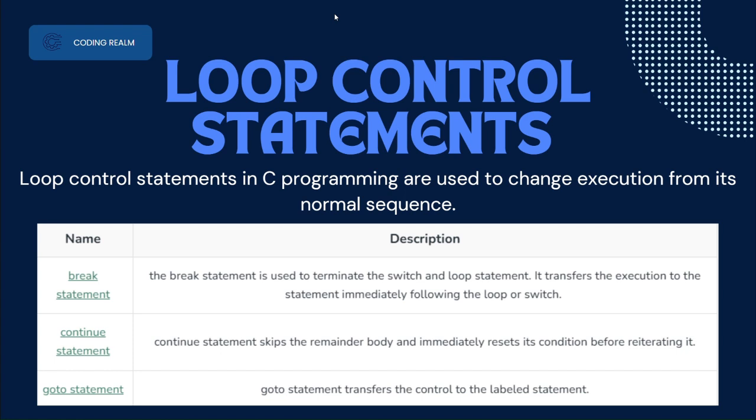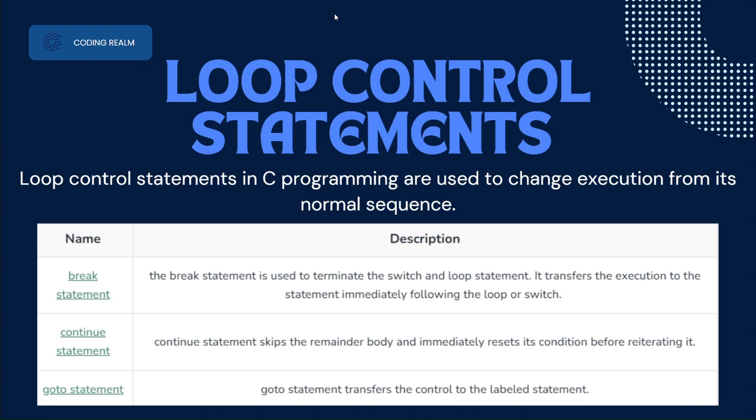Now the loop control statements. Loop control statements in the C programming language are used to change execution from its normal sequence. We have, for example, the break statement. The break statement is used to terminate the switch and loop statements. It transfers the execution to the statement immediately following the loop or switch.